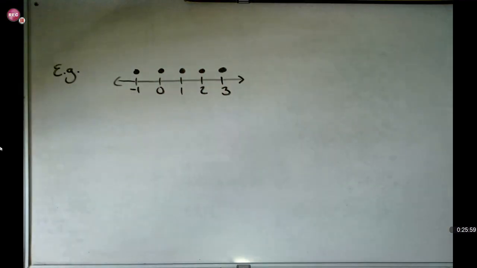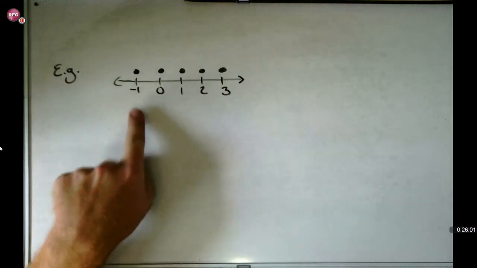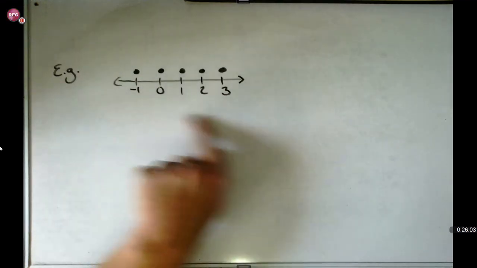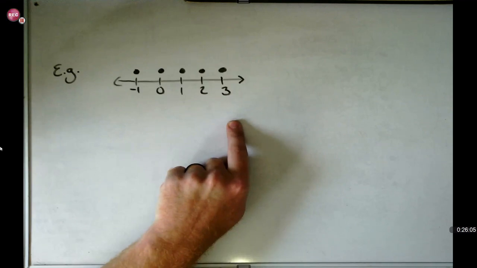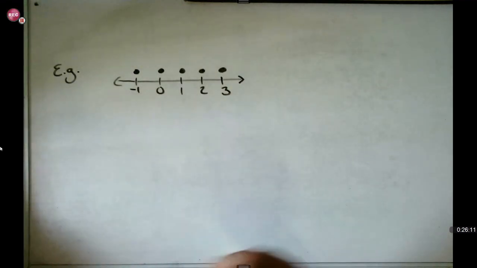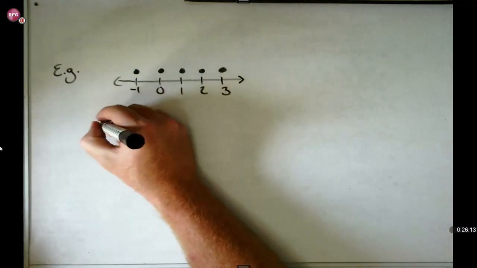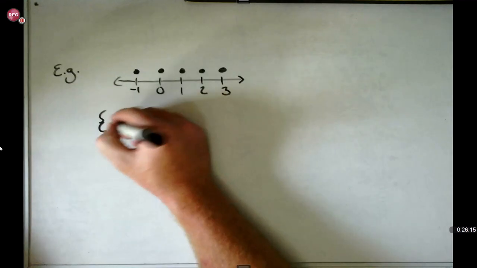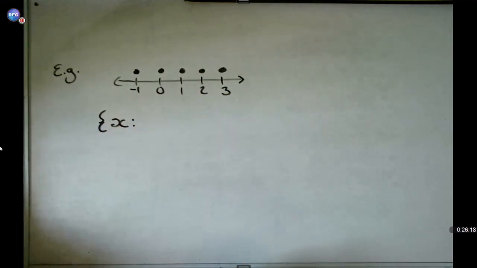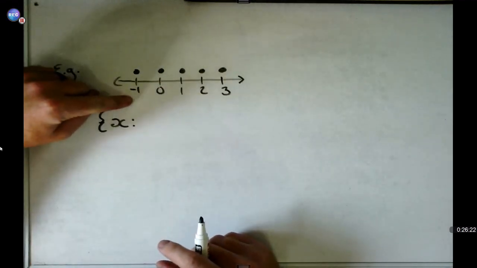Okay? First thing that has to come to mind, oh, I've got negatives, I've got the 0, I've got positives. So the number system that I'm working with would be integers. That's what I'm working with. Okay? So, first of all, curly bracket, you write your variable down, which is x, and now you have started at -1.